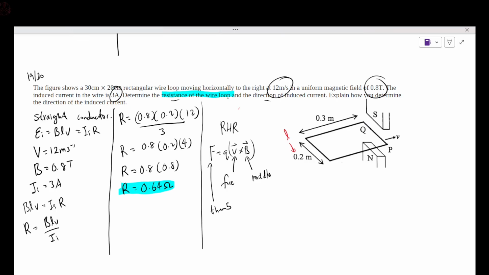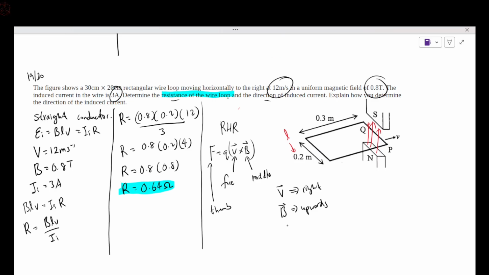So if I were to point V to the right, then my magnetic field to be upwards because we have magnetic fields going north to south, right?